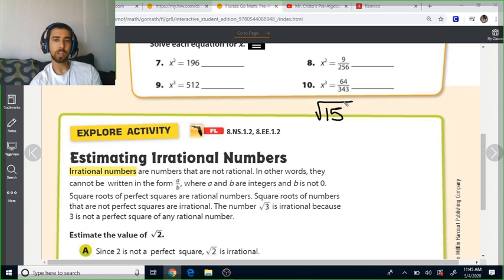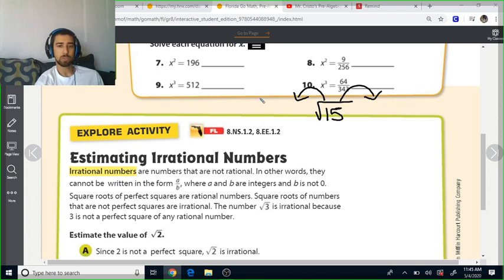What is the perfect square that comes right before 15?